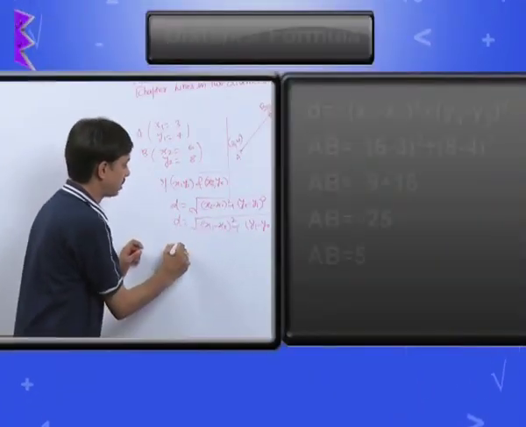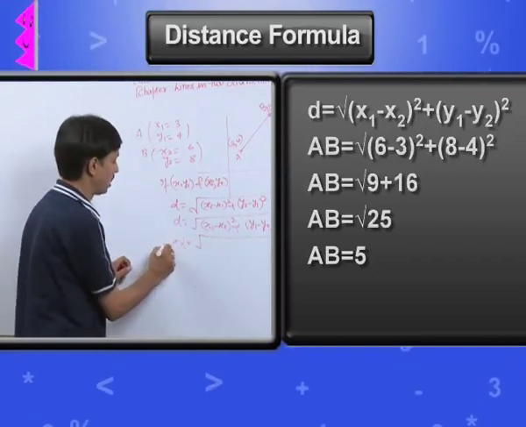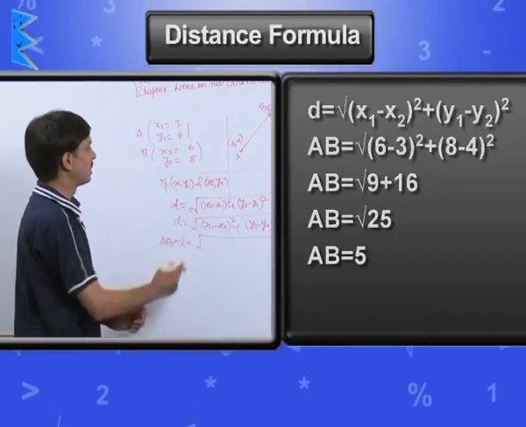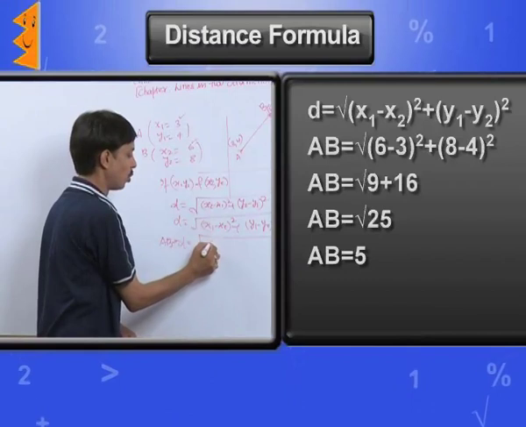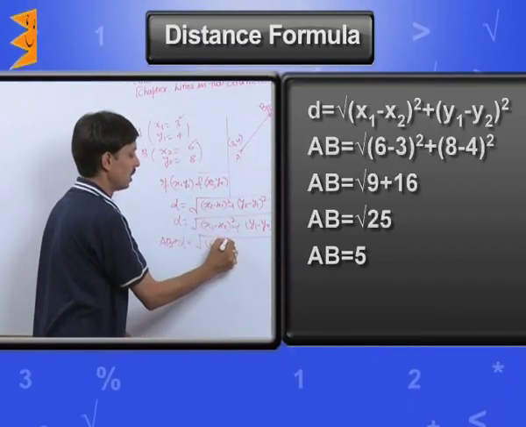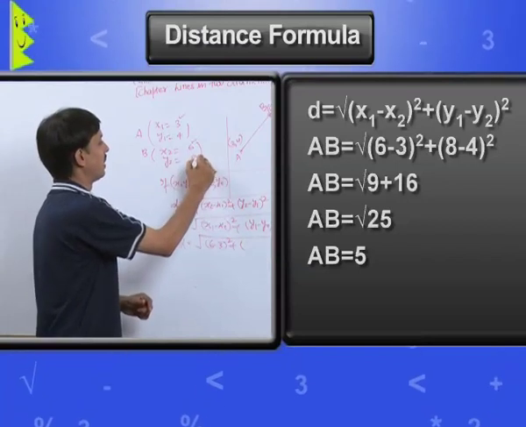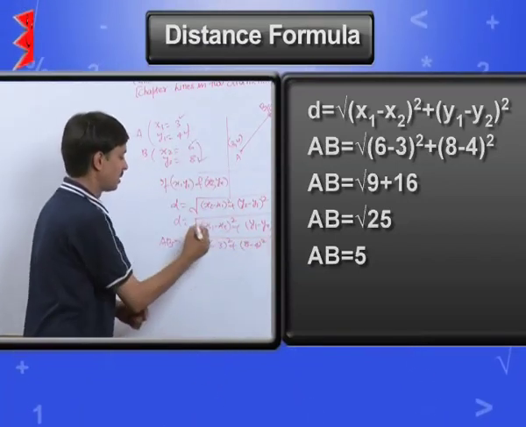So if we find the distance between these 2 points, which you can denote by AB, AB is equal to the square root of x2 minus x1, that is 6 minus 3 whole square, plus y2 minus y1, that is 8 minus 4 whole square.